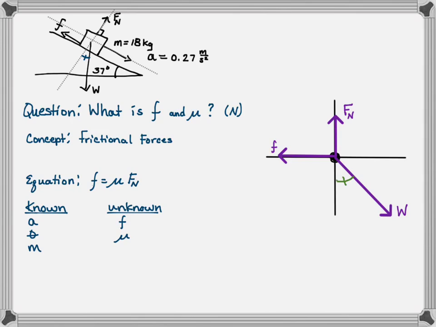So these are the three forces that are acting on the box. Now, since the weight is going off at this angle, I'll have an x component of w, and I also will have a y component of w.